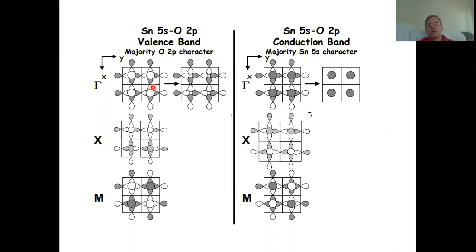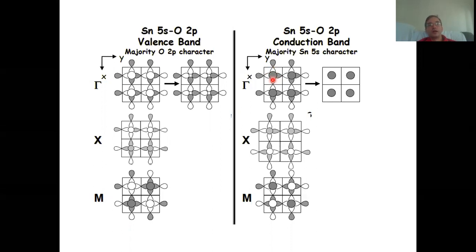So now we have, however, also the possibility to flip the algebraic sign of all 5s orbitals. Okay, but you see that that also results in a non-bonding crystal orbital. Again, the antibonding interactions are here and the bonding interactions are here, but that leads to the same non-bonding situation.